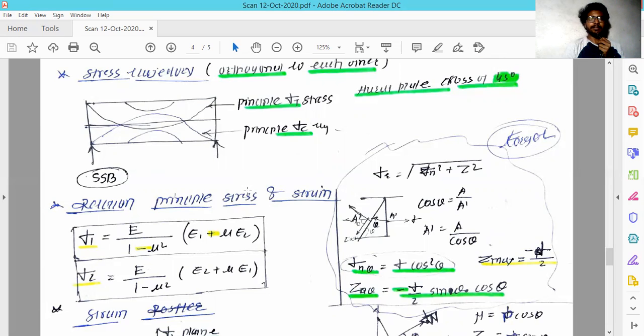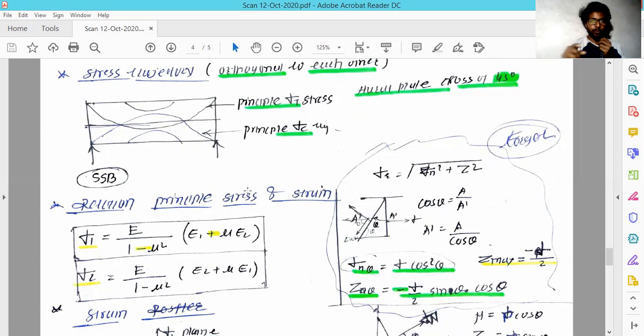Due to that, tension is produced at the bottom layer and compression is produced at the top layer. So the entire section is divided into two parts: the compressive part at the top, and the tensile part at the bottom. These two sections are divided by a neutral plane.